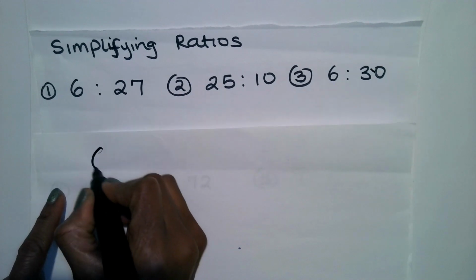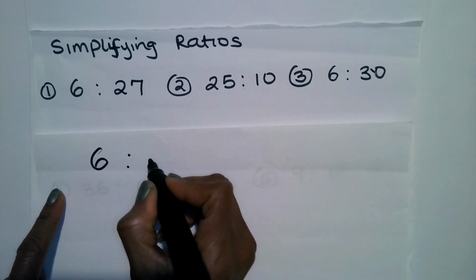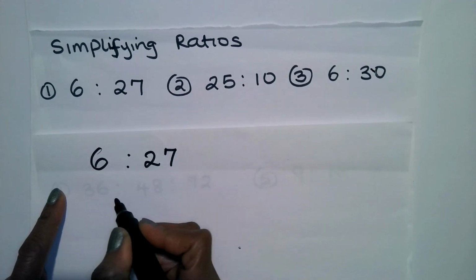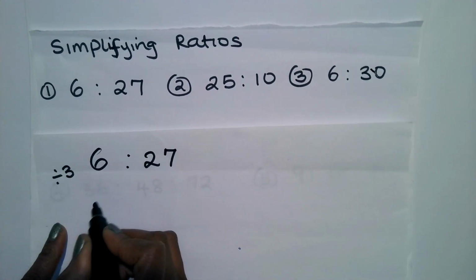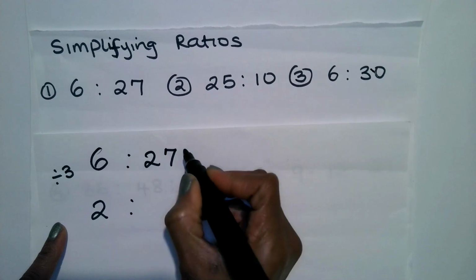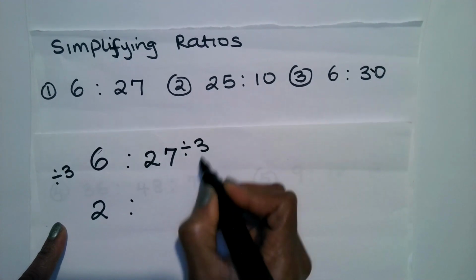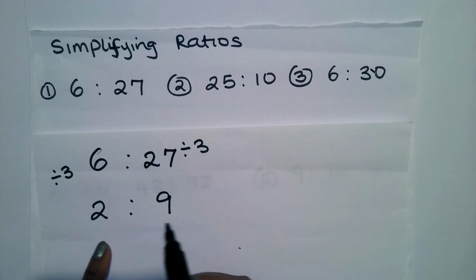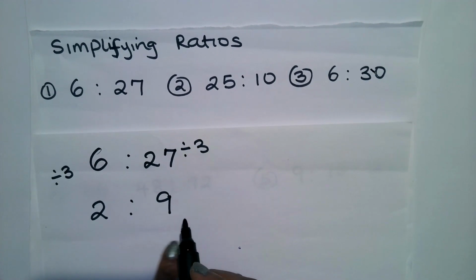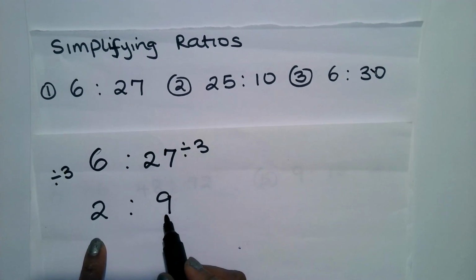So that will be 6 is to 27. If we divide this by 3, we get 2. Divide this by 3, we get 9. We can no longer simplify this ratio, so our answer is 2 is to 9.